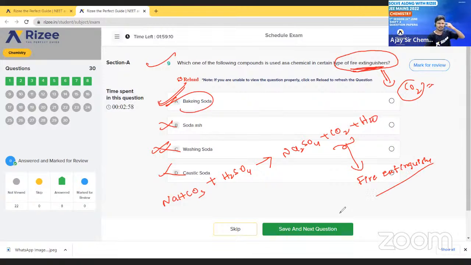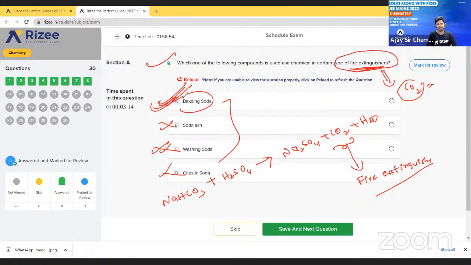As I said, it is not from preparation methods but from the chemical properties of these compounds. So the correct option is Option A.